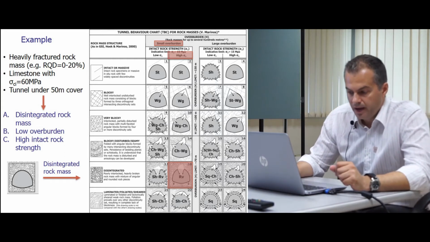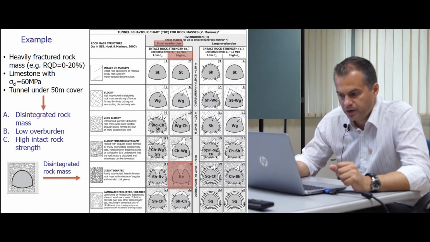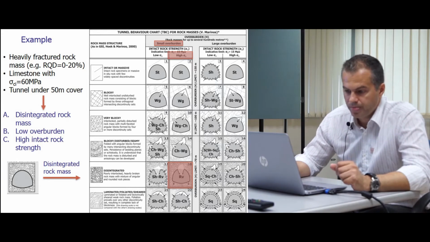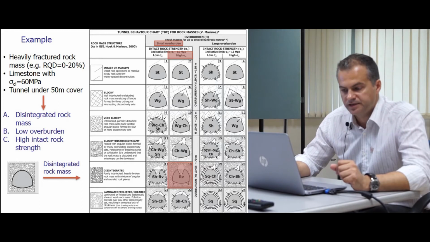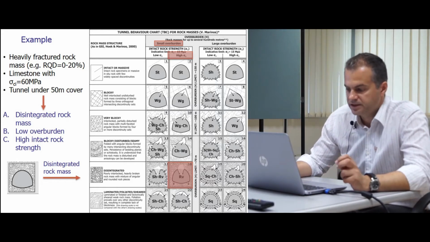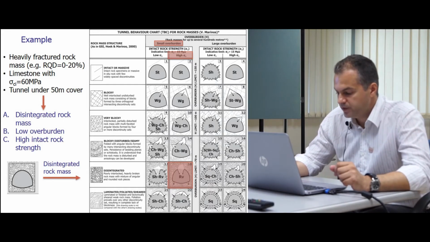So we will be in a poorly interlocked, heavily broken rock mass with a mixture of angular and rounded rock pieces. We will have low overburden and a high intact rock strength. So we will lie in the case of 18. Raveling ground we will have under these conditions.